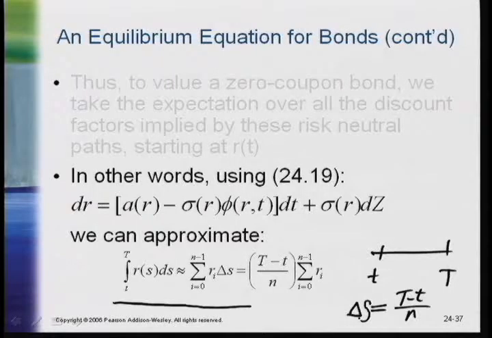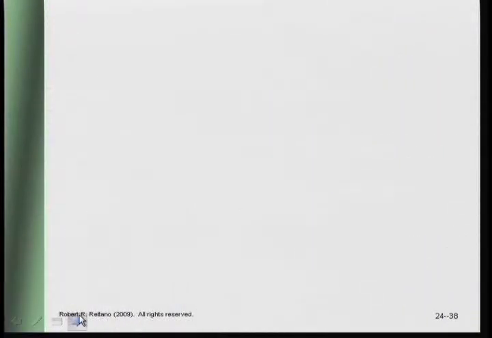So what remains for any n is how do I generate those R values? Let's look at that next.